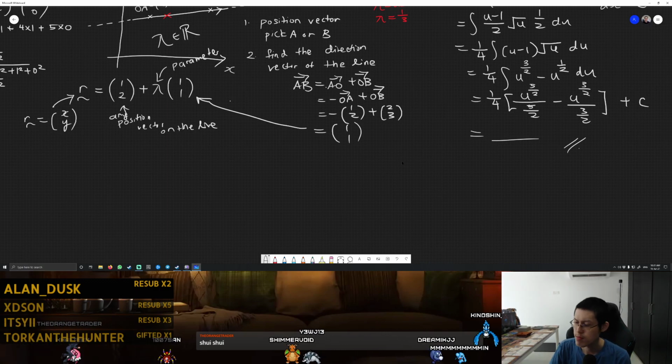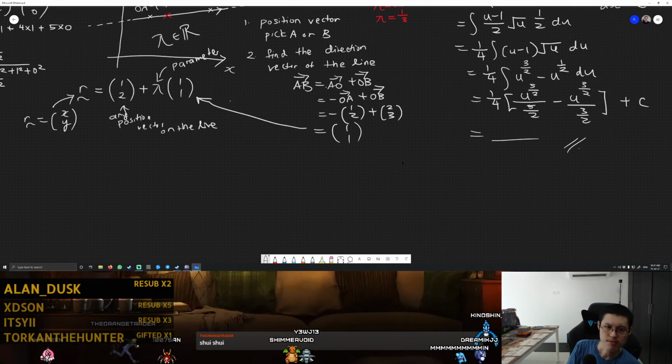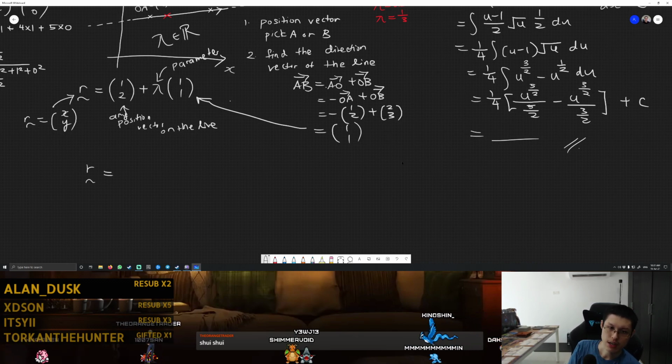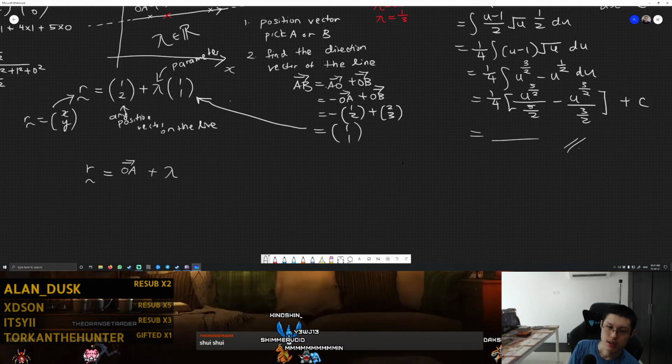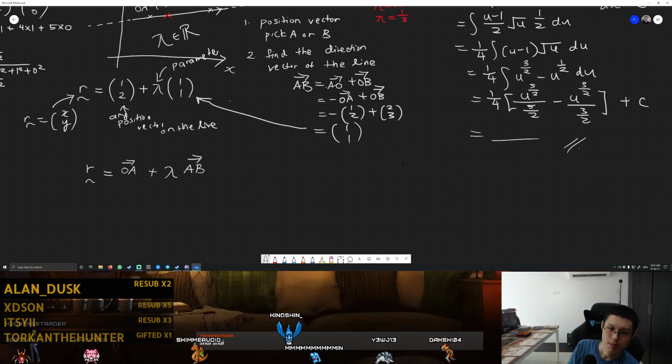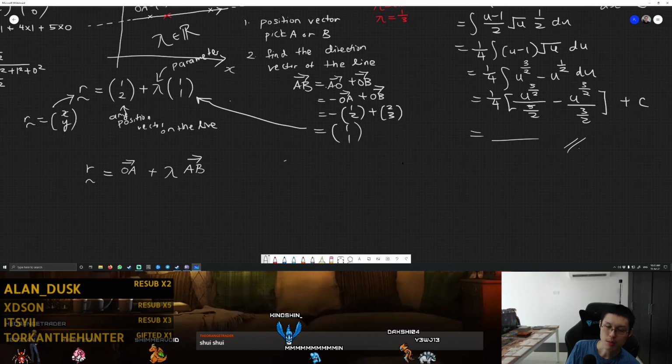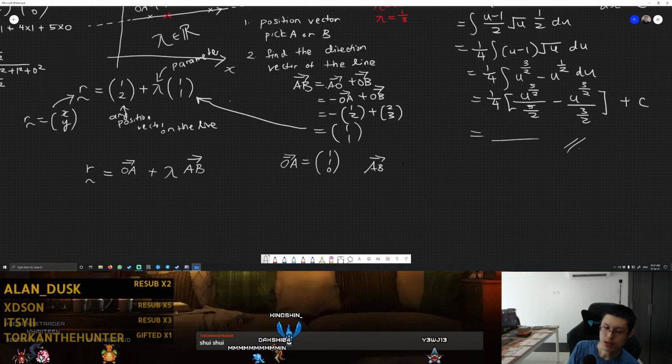Well, actually, no. For a three-dimensional vector, it's still going to look like this. It's going to be r equals some position vector plus lambda times some direction vector. Let's say our position vector is (1, 1, 0) and our direction vector is (2, 3, 4).